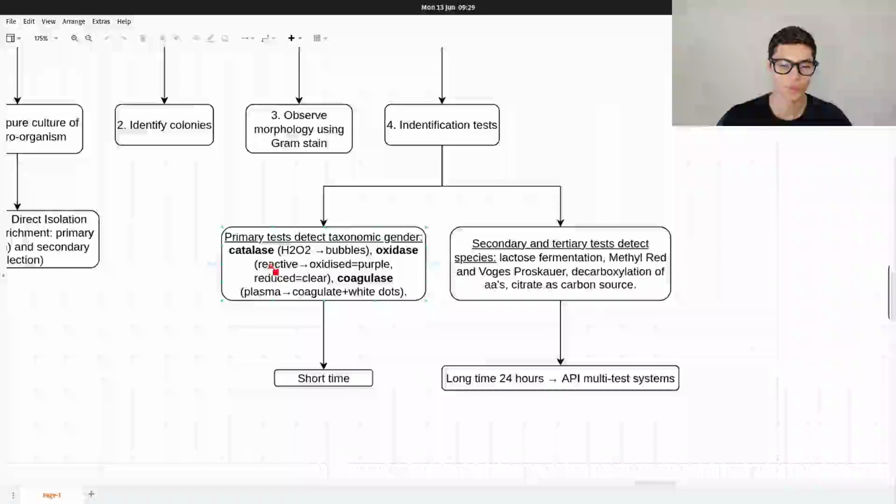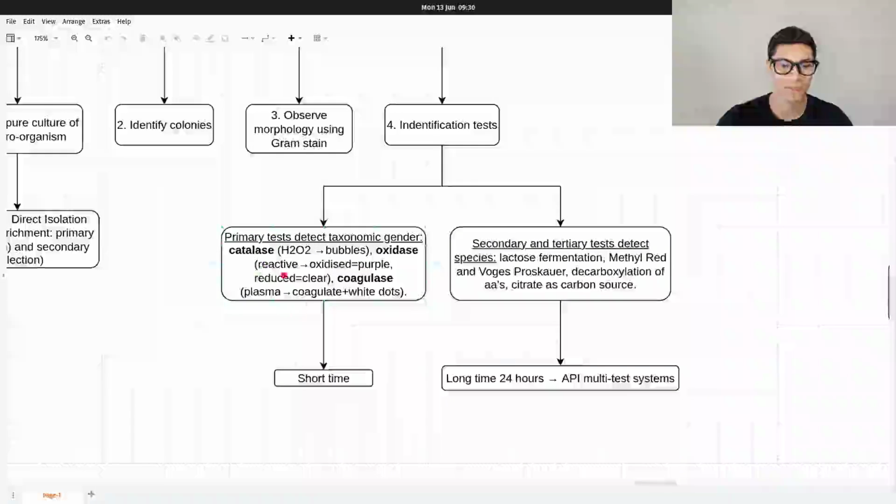We use a reagent, and if it's oxidized, it turns purple; if it's not purple, it's not oxidized and it's oxidase negative. The reduced form is clear. And for the coagulase, we use a plasma sample, and if it coagulates with white dots, it's coagulase positive.